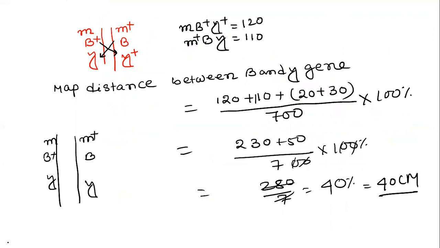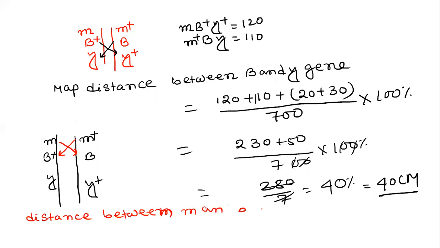Though the question paper does not ask that, I'll show you. So first, put the arrow according to the distance between M and B gene.